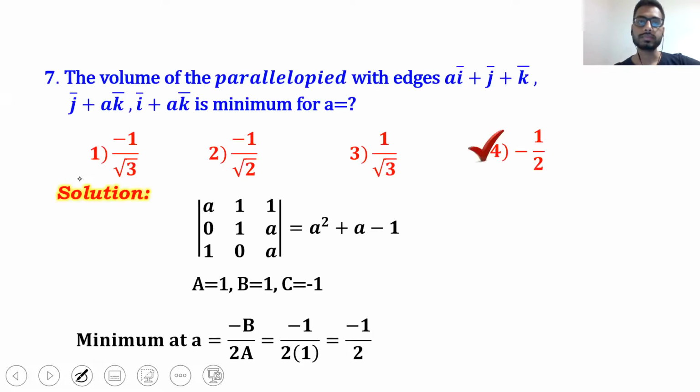So here we go. Volume of a parallelepiped is nothing but, if you have your co-terminal edges as A bar, B bar and C bar, then the volume is A bar, B bar, C bar. Comparing that, and the minimum value is going to be present at the point minus B by 2A, we get a point.